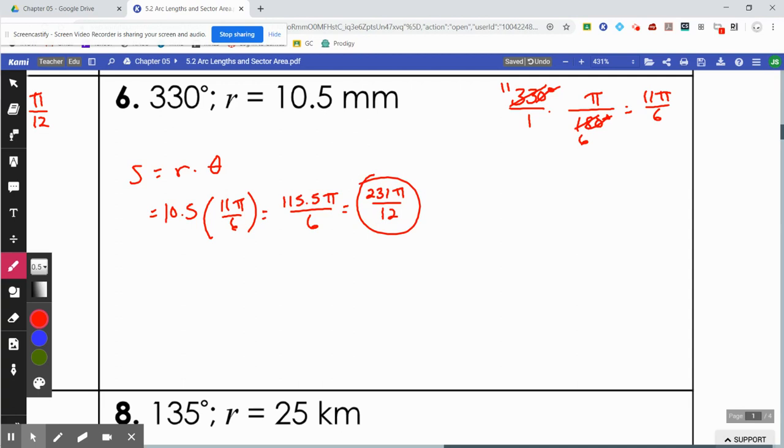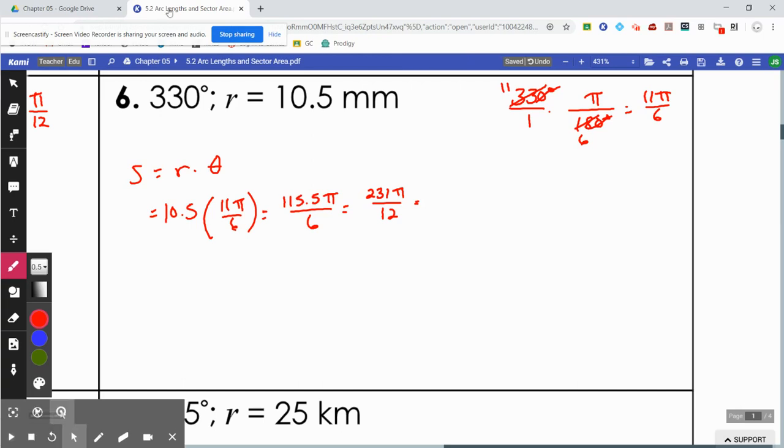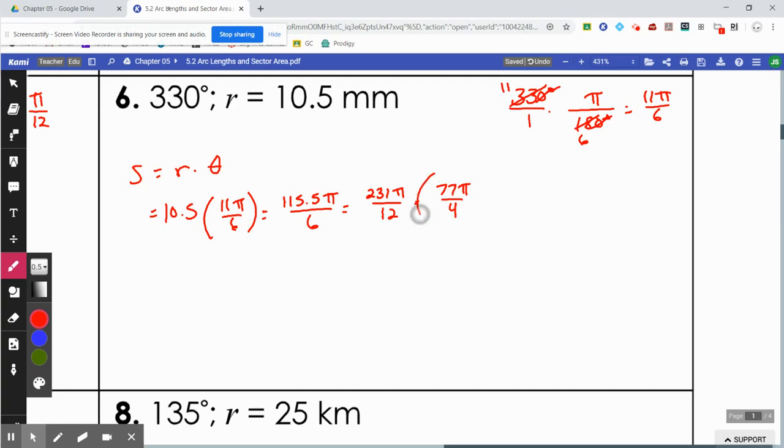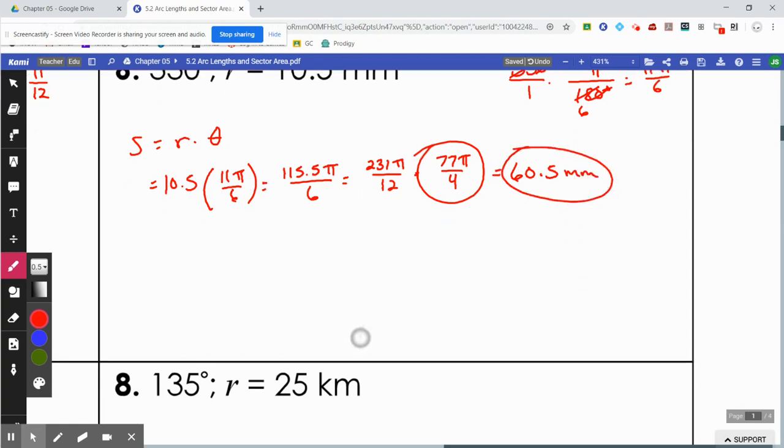So that looks better. And that's actually reducible. You could divide top and bottom by 3, and that gives you 77 pi over 4. So that's a cleaner exact answer. And then when you actually plug in 3.14 for pi, you're going to get right at 60.5, and this was in millimeters. Number 7.